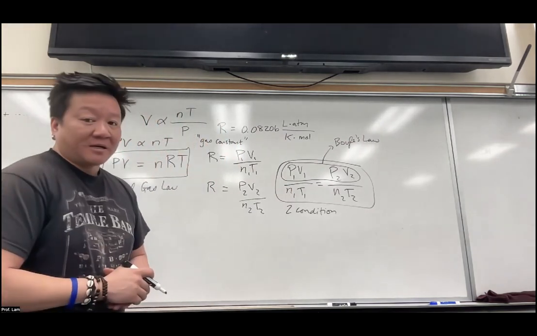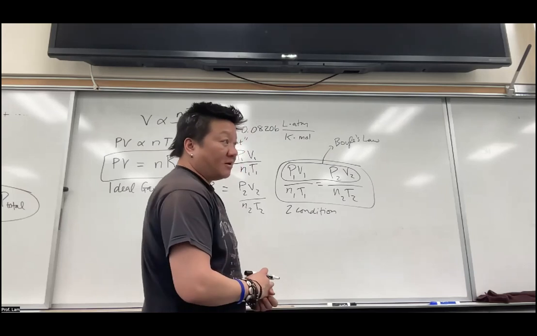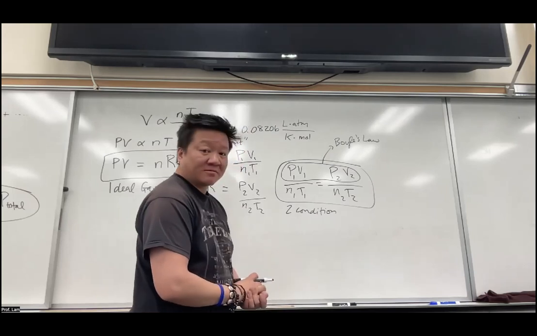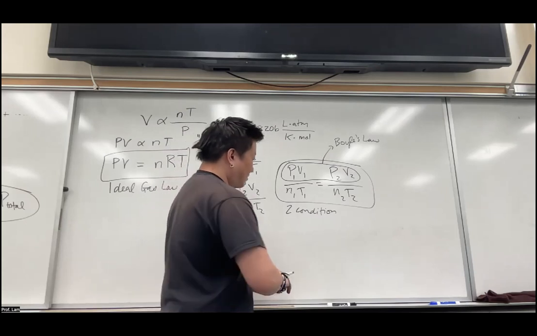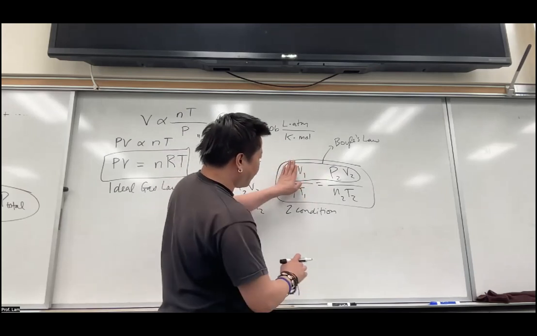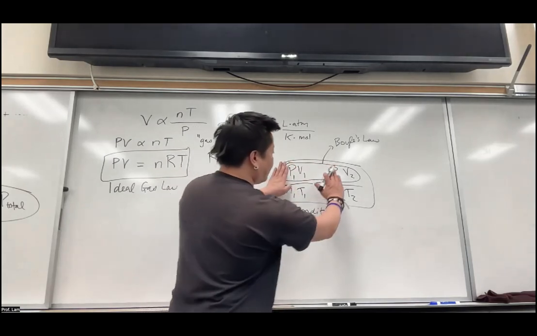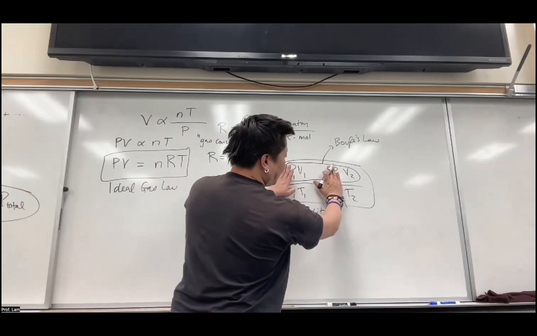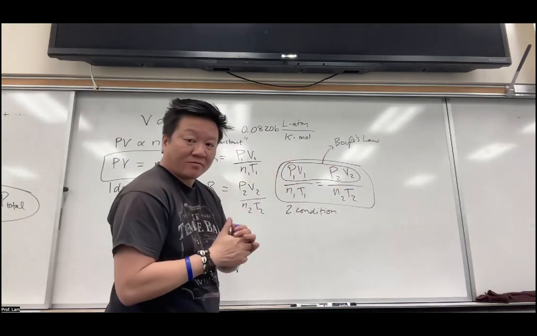Okay. Now, what if in the problem, you see volume and temperature only? So pressure and moles stay the same. So just cover up pressure and moles, right? Because they stay the same. And what do you have? V1 over T1 is equal to V2 over T2. Right? Whose law is that?